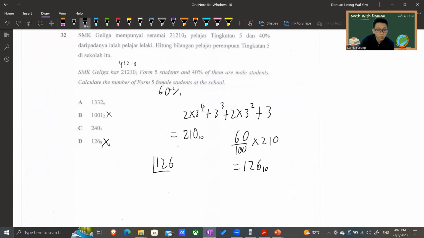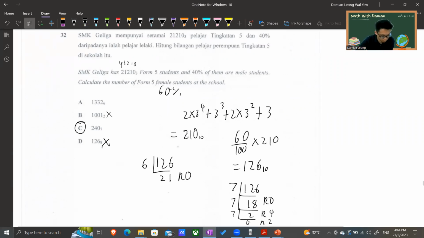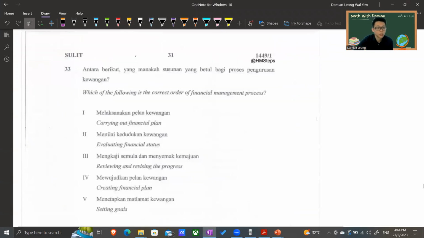Try to convert. If I check base 6 divided by 6 to 1, no remainder. You see ends with 0, definitely is not also. Let's try 7. Divided by 7. 18, no remainder. Here's 7, 2 remainder 4. Here's 7, 0 remainder 2. So 240 base 7. That's correct. Answer C.